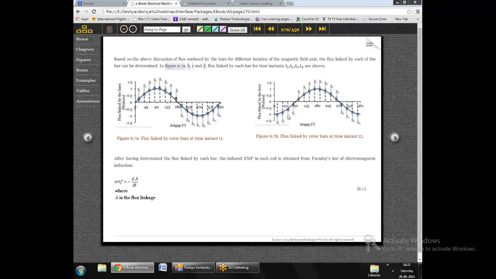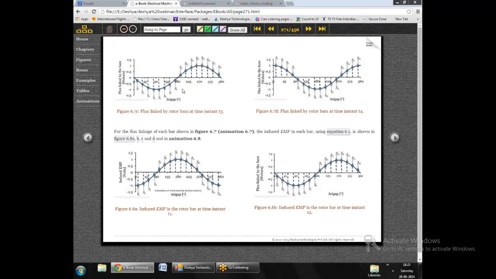Since our magnetic field has rotated by 90 degrees in the anti-clockwise direction at time t2, the flux linked by the bars also changes, and similarly at time t3 and t4 the fluxes change.